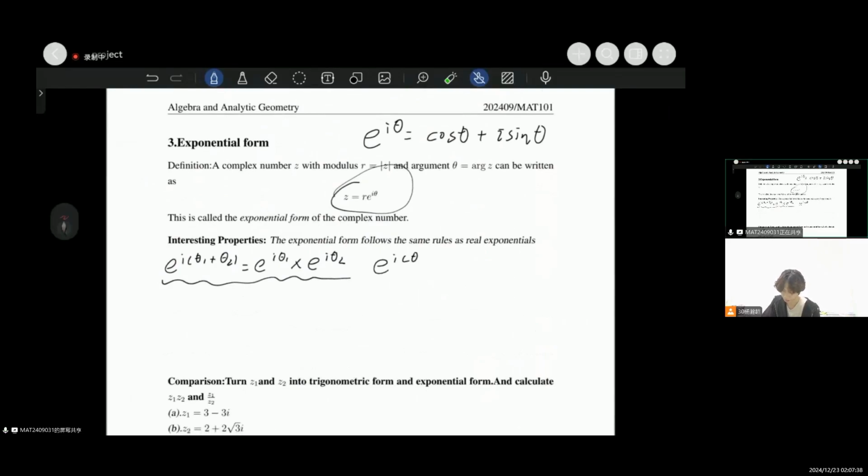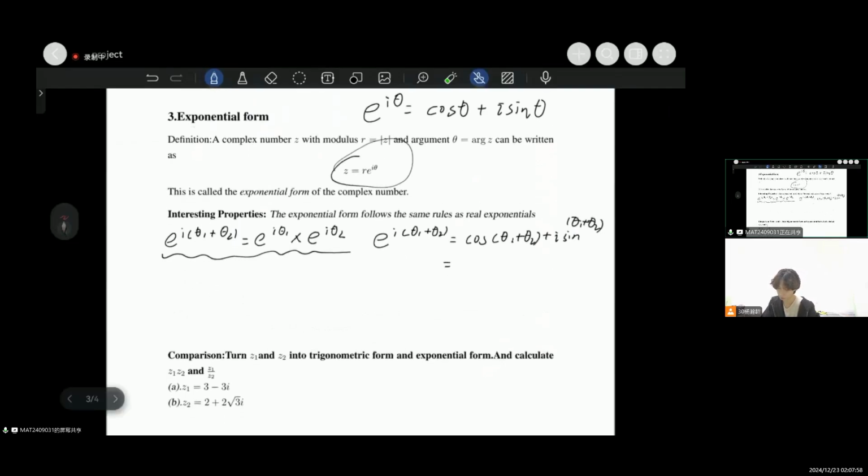And e to the i multiplied by theta 1 plus theta 2 is cosine of theta 1 plus theta 2 plus i multiplied by sine of theta 1 plus theta 2. And using the formulas of trigonometry, we will get this.